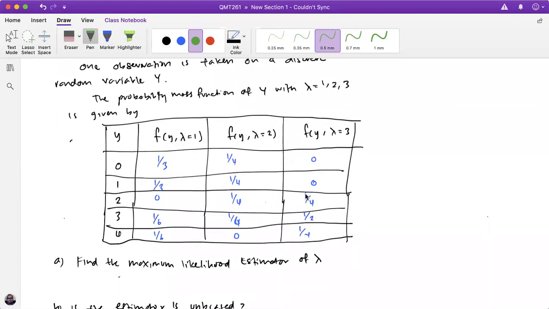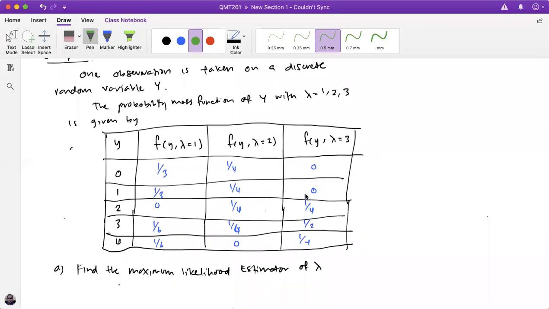One observation is taken from a discrete random variable y, and the probability mass function of y is given by the table, where y is 0, 1, 2, 3, 4 and lambda is equal to 1, 2, 3. So the probability of y equal to 0 and lambda equal to 1 is 1 over 3. Probability of y equal to 1, lambda equal to 1, is 1 over 3, and so on.